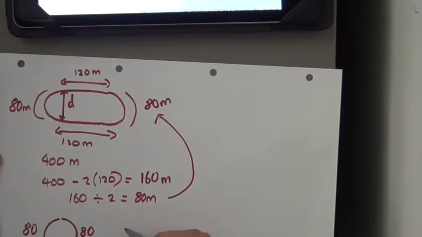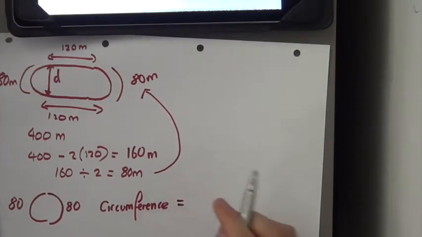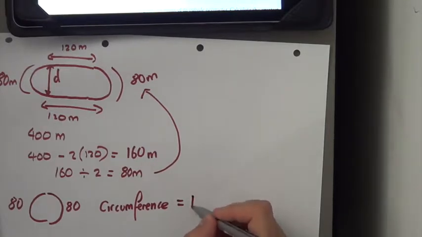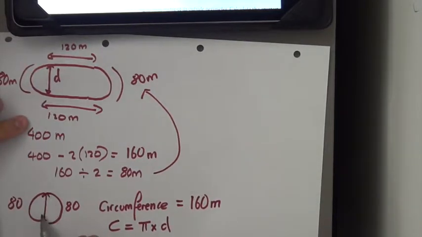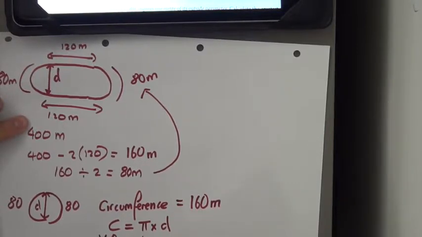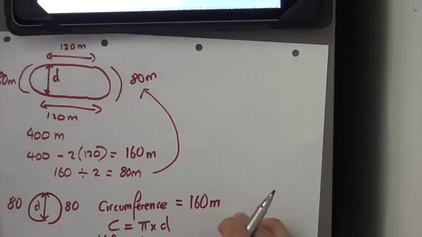So the circumference is equal to 160 meters, but we know the formula for circumference is pi times d. What the question is asking us for is d, so we can do 160 divided by pi, which gives us d. And the answer is 51 meters.